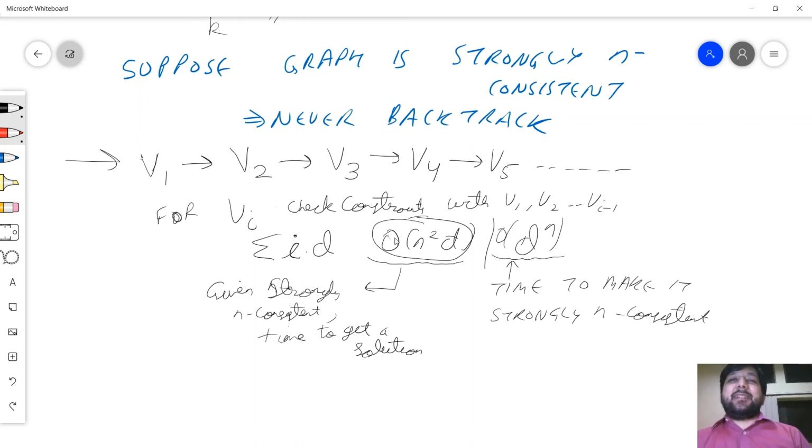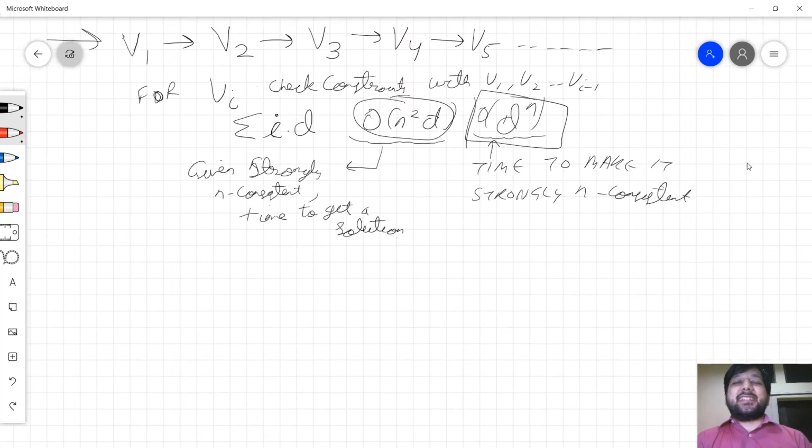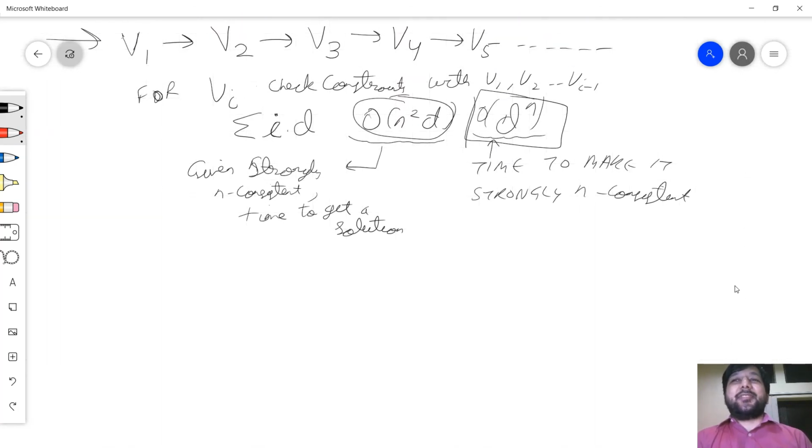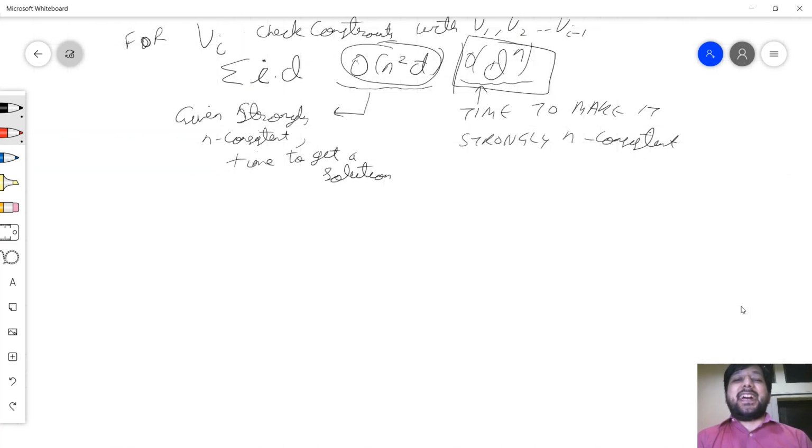So if you think about this, it's okay, but the lacuna is over here. So you could still make it strongly 1 or 2 consistent, but you could make it strongly 2 or 3 consistent, but not more than that.